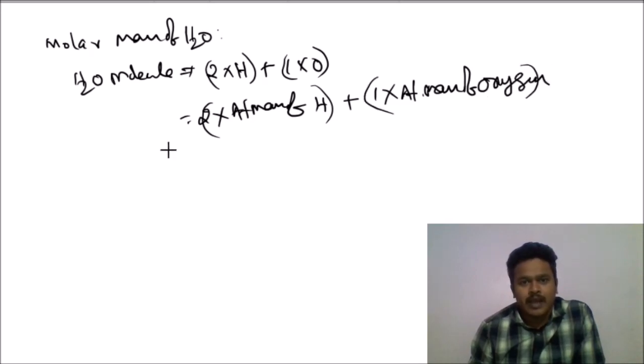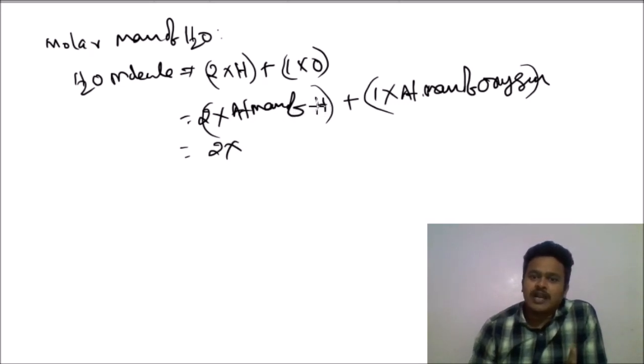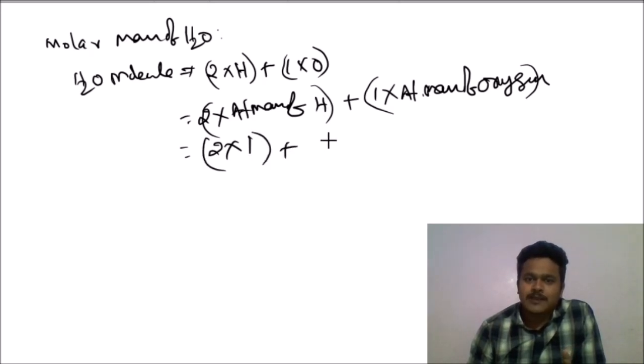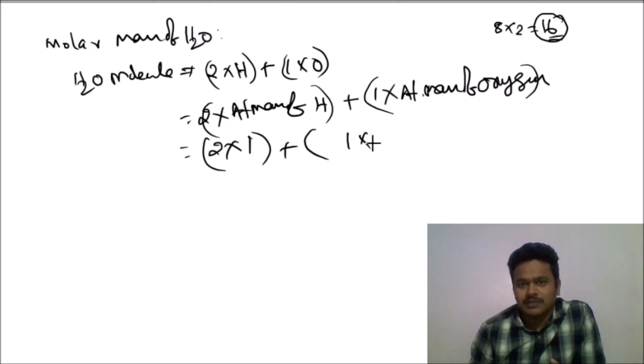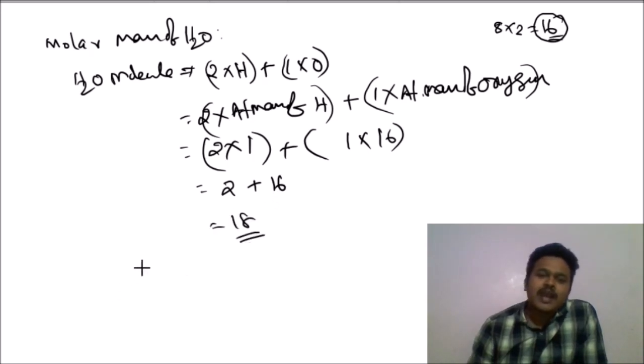Hydrogen atomic number is 1, so that is 1 here. Plus 1 into atomic mass of oxygen. Oxygen atomic number is 8, an even number, so into 2, that will be 16. Atomic mass of one oxygen atom is 16. So 2 plus 16 will be 18. 18 is the molar mass of H2O.